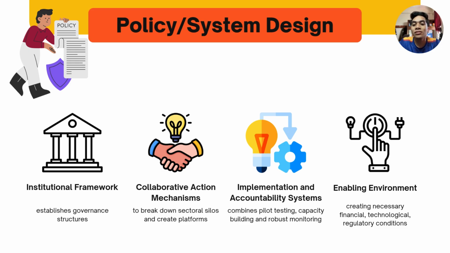And then finally, the enabling environment, which focuses on creating the necessary financial, technological, and regulatory conditions for sustainable implementation at scale. And this end-to-end methodology, from collaborative analysis to actionable design, was specifically developed to overcome the most common SDG implementation barriers. By addressing both understanding and action, we have created a framework that is both principled and practical for Malaysia's SDGs journey.